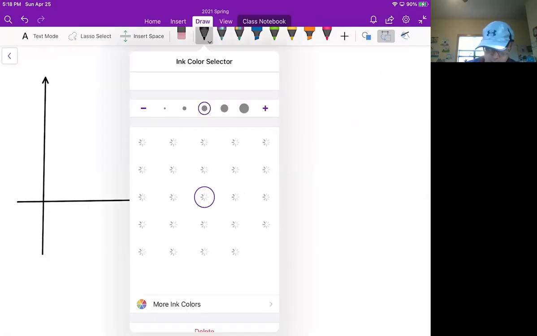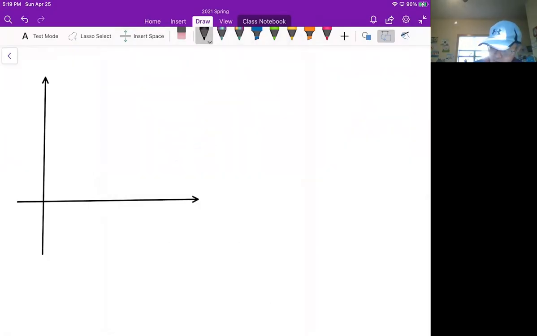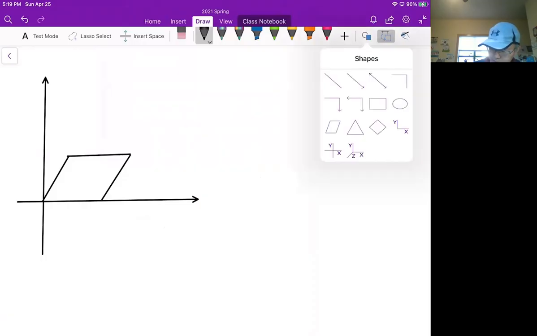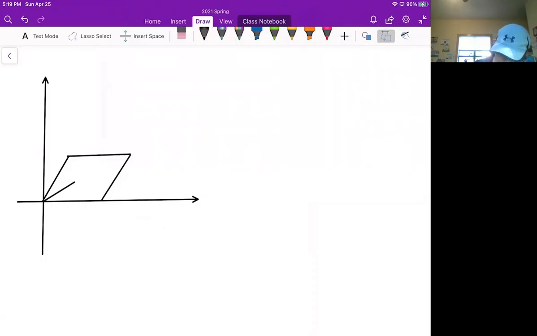All right. So I'm going to draw a parallelogram. Okay. I'm going to draw a parallelogram. Right. So this is a parallelogram, right? Okay. So let's see. And I have the diagonal.